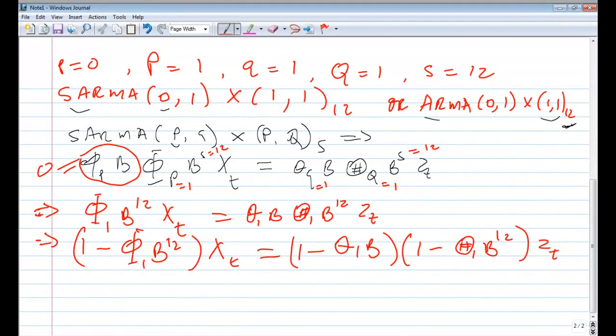Are we together? They're the same. You can write it like that. Now, on the right hand side, you can open the brackets so that you can have a linear equation.